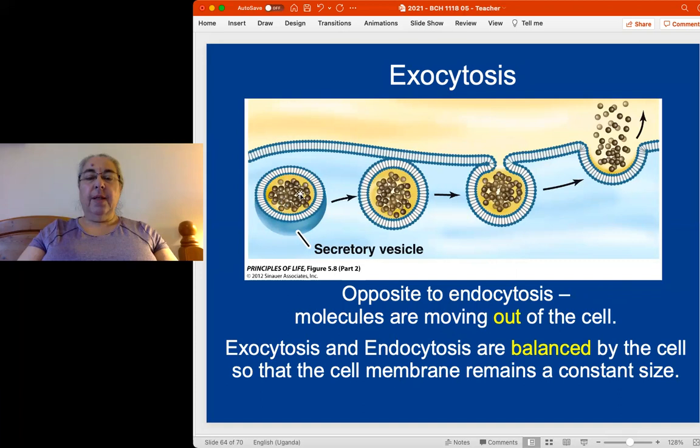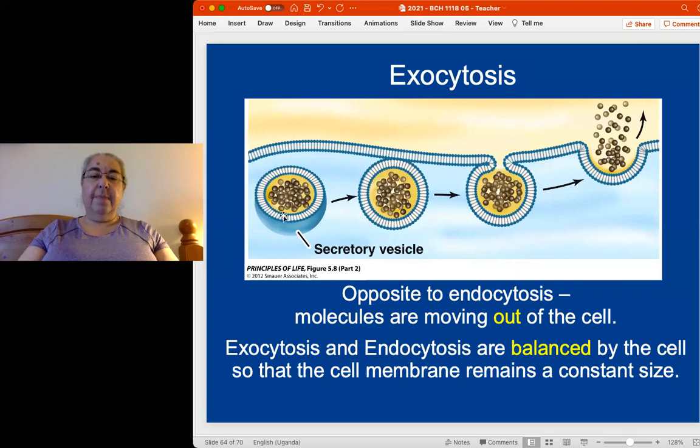So this could be a number of different things, but a common example would be a hormone that's been made in the cell and needs to be released outside the cell into the bloodstream where it can act as a signal to other cells.